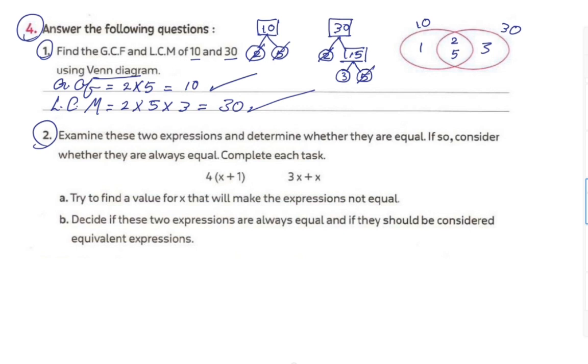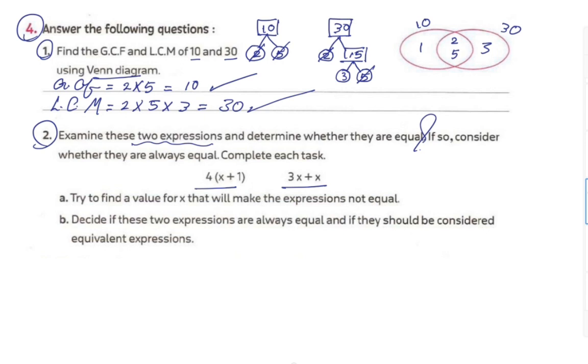Question number 2. Examine these two expressions. We have two expressions, 1 and 2. Determine whether they are equal or not. To try this, please make a trial. Put any number for x and find the final result for the two expressions. If they are equal, we have two equal expressions.